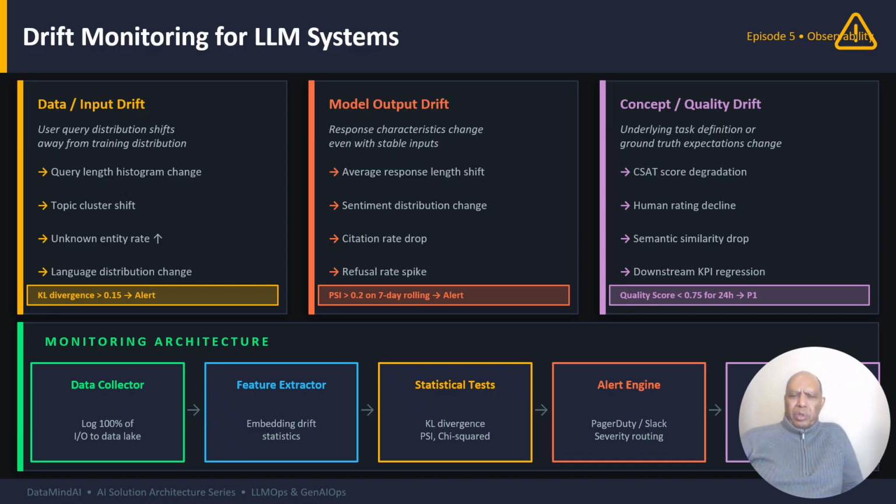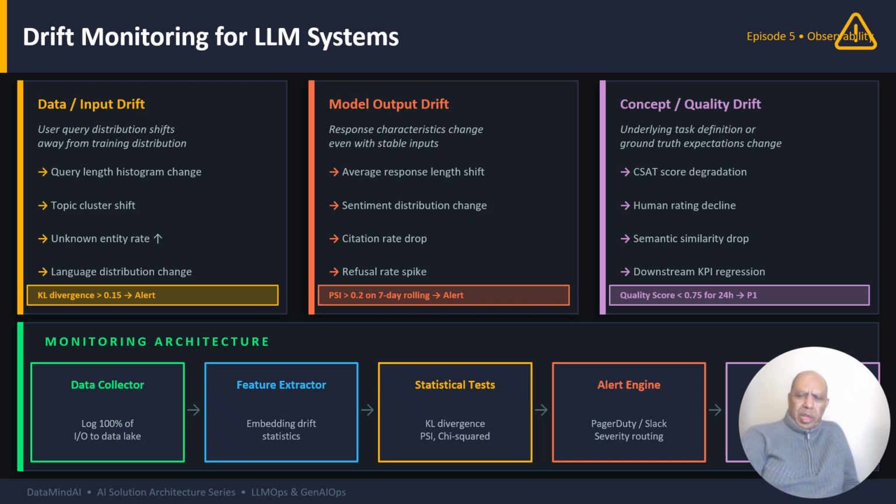If these shift, your model changed under you. The third is concept drift, the hardest one to find. The world changes, and a regulatory update means the correct answer to what are the requirements for X has changed. It's only catchable through downstream KPI monitoring and periodic human evaluation.